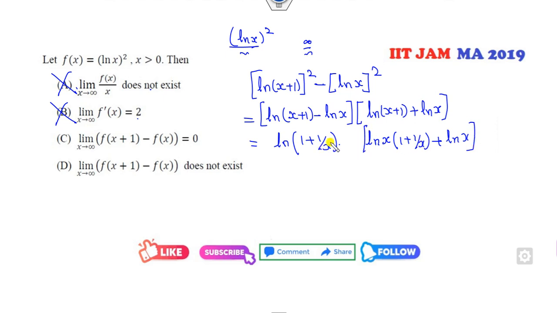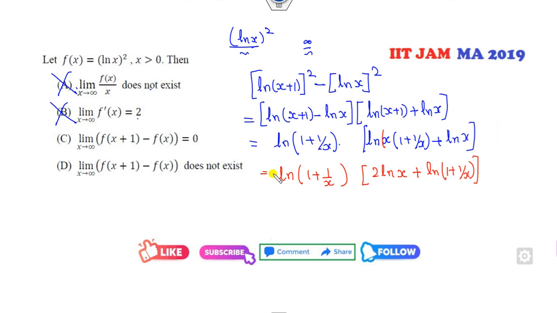I can take because I can make them a pair. So this number, if I open this, it's log m into n. So it's twice of log x plus log of 1 plus 1 over x. Fine. And this number will be 1 plus x.